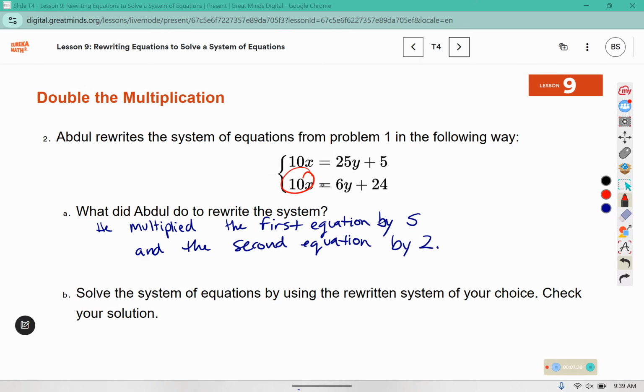The 10x is going to get swapped out with 6y plus 24. Subtract 6y from both sides. Subtract 5 from both sides.